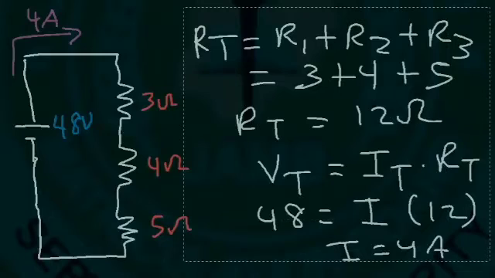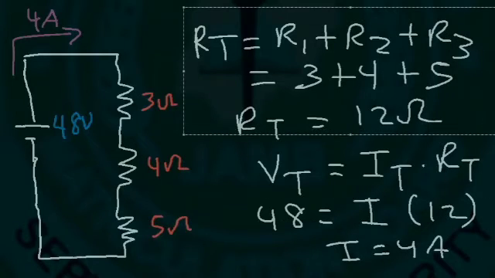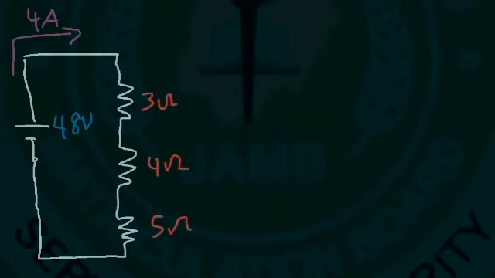Now calculate the voltage drop across each resistor. So to find the voltage drop is simply V equals IR. So it's the current times the resistance. So for the first resistor, we have a current of 4 amps flowing through a 3 ohm resistor. 4 times 3 is 12. So we have a voltage drop of 12 across that resistor.